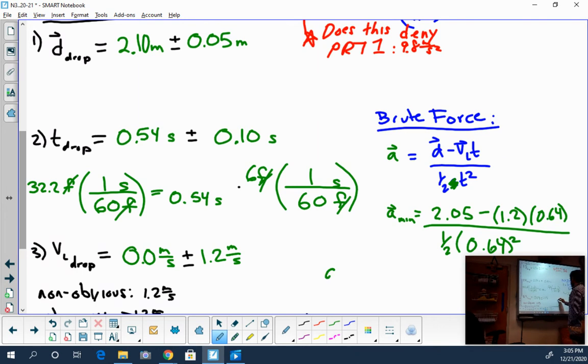You can do the same thing for A max. And then you look at how far off you are. What is the range here, A max and A min?